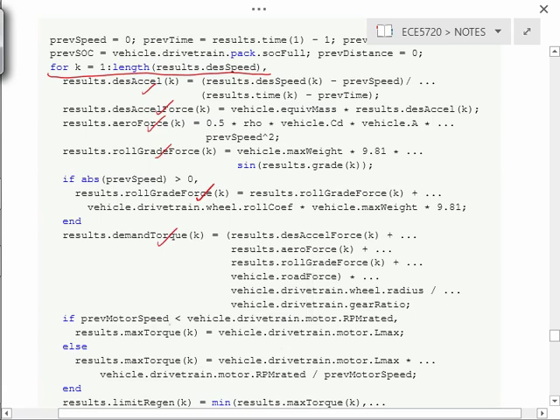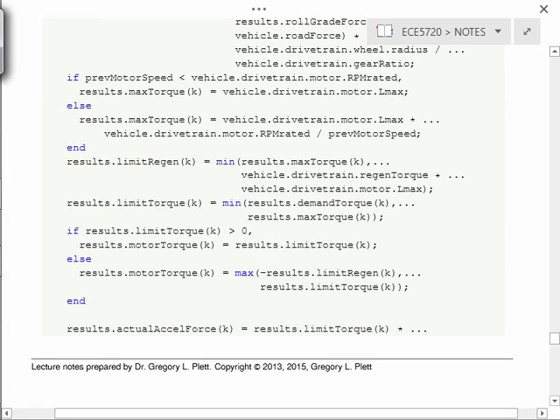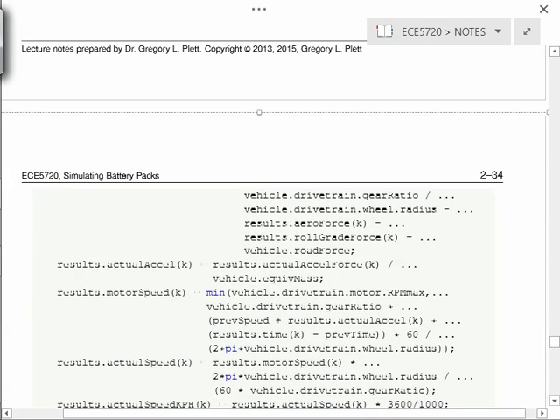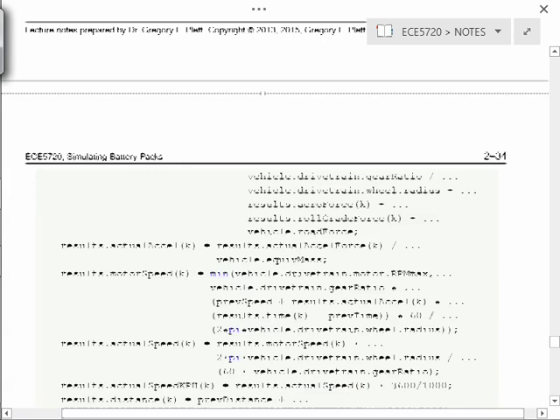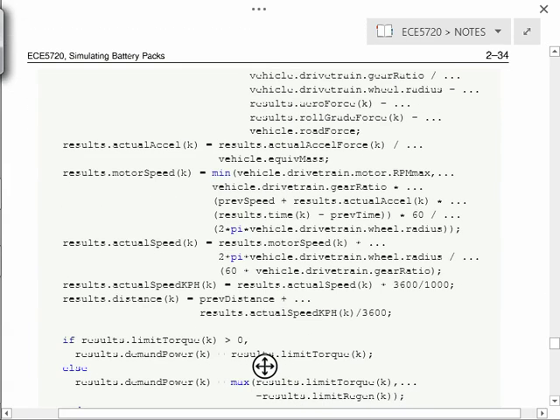I do some torque limiting. I look at whether I'm doing regen or not, and so forth. I compute the actual acceleration forces, actual accelerations and motor speeds, and I'm doing some limiting, and I'm then getting my actual speed for my vehicle and my actual distance so far.